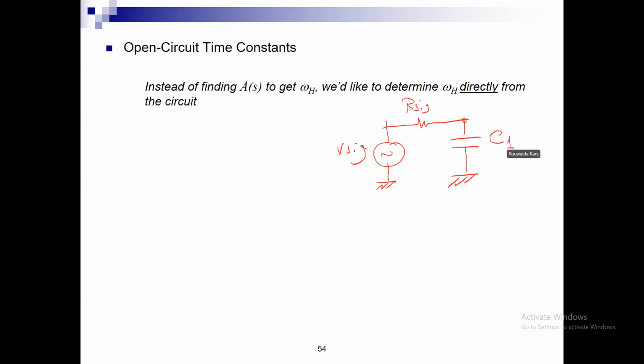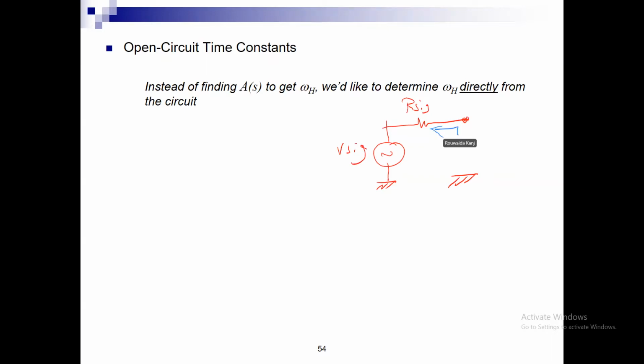If we want to say what is the resistance seen by C1, then in practice, what I am really doing is removing C1. I am putting a VXIX in its place, and I am saying what is the resistance seen in this way.